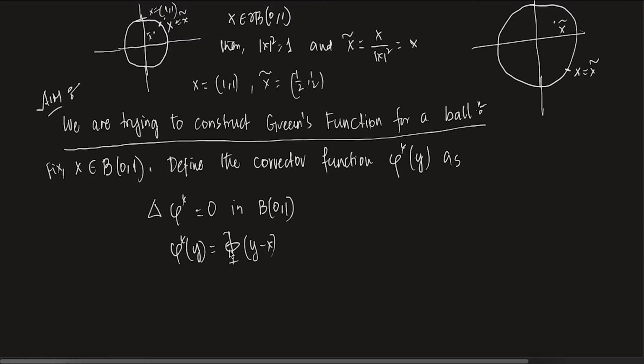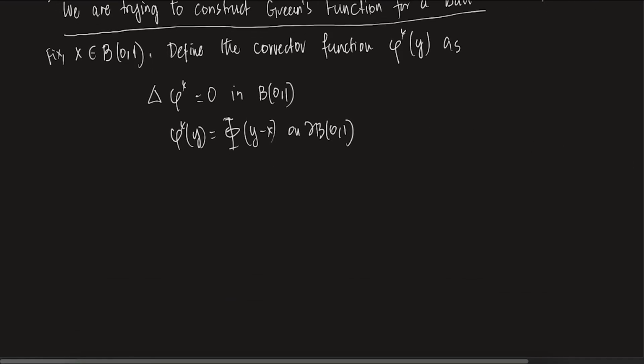This capital Phi and this small phi are different. This is the fundamental solution, and this small phi is on the boundary of the domain. So basically, for a fixed x on the ball, you take any x in the ball and you define a corrector function which satisfies Laplacian of phi^x is 0 in the ball, and phi^x of y is the fundamental solution at y minus x.